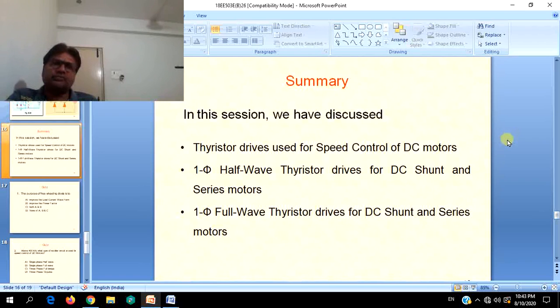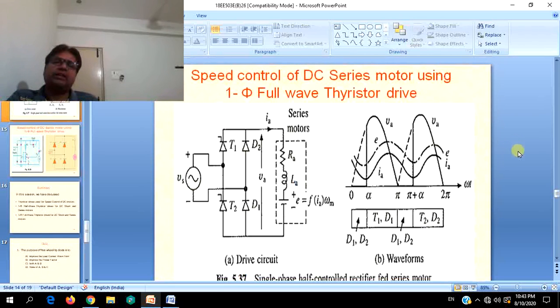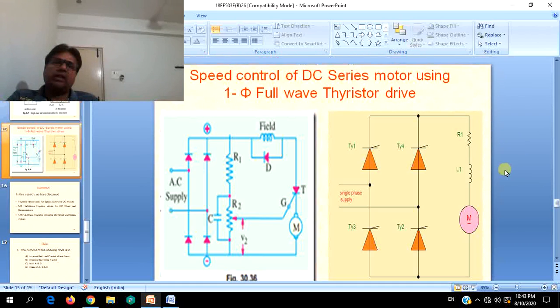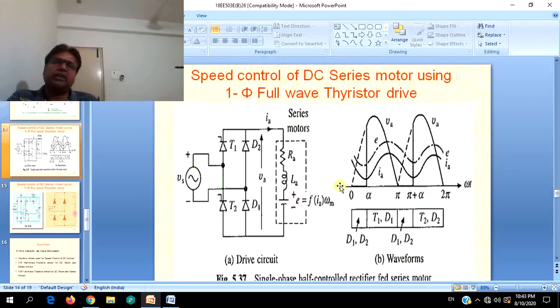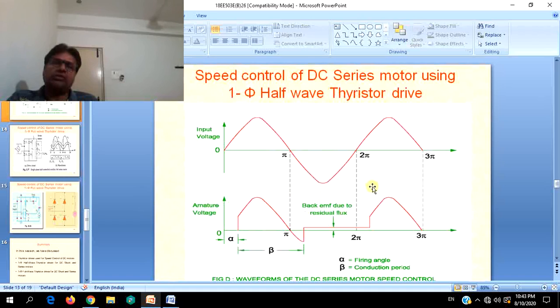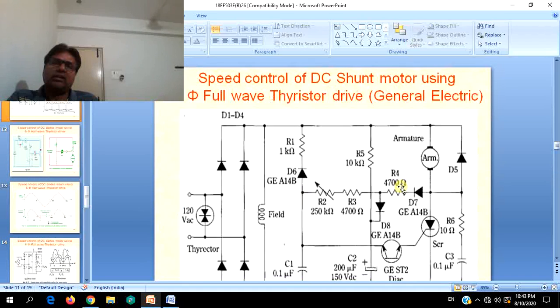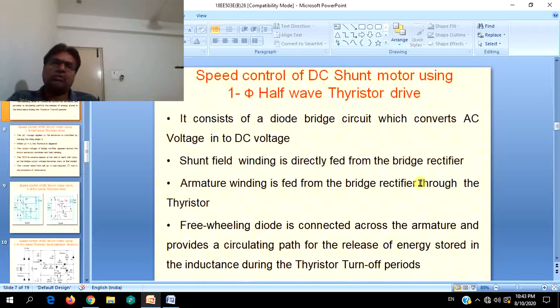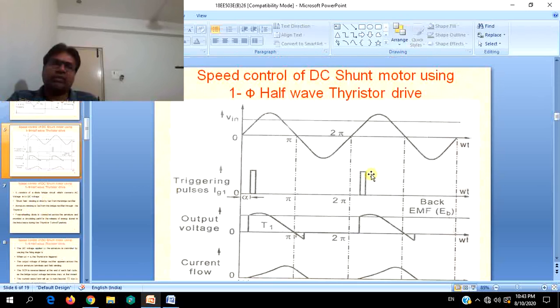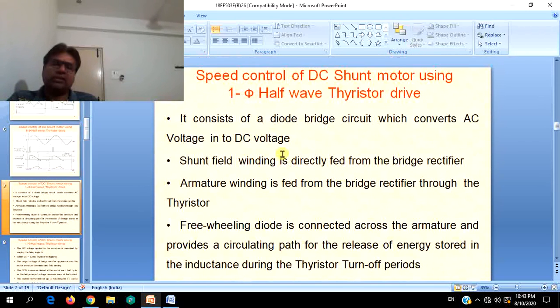Actually, whatever we discussed in case of rectifiers, they are applicable over here. So in fact, I have taken a number of different configurations of circuits and explained the working procedures and how the waveforms vary. Just by explaining the procedure and how it happens in half-wave thyristor drives, which can be applied for others also.